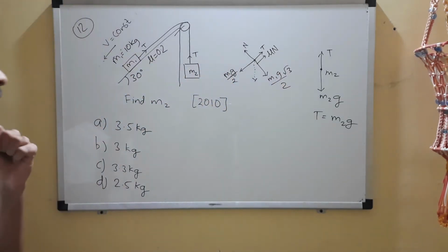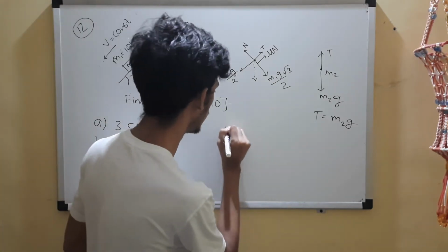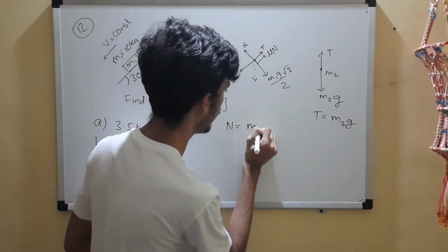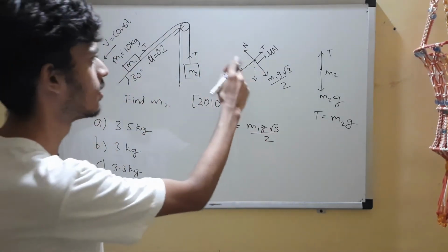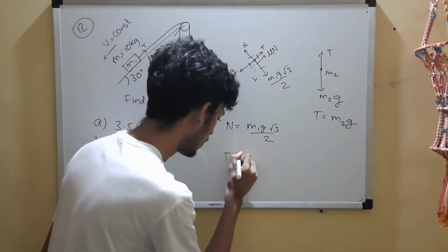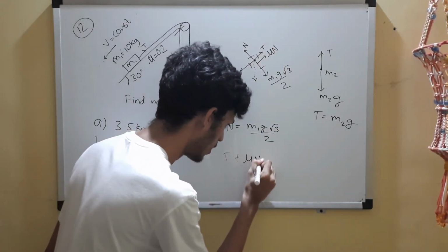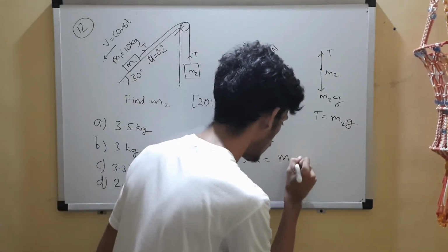So all we need to do is just balance the forces, right? First of all, N will be equal to m1g root 3 by 2. This is the normal reaction. These forces are balanced. Let's balance this and this now. So T plus mu N will be equal to m1g by 2.